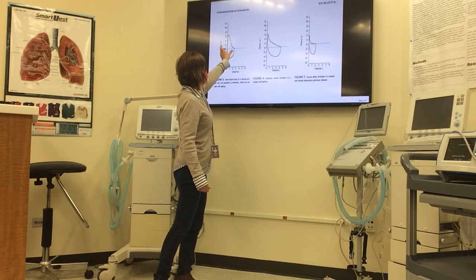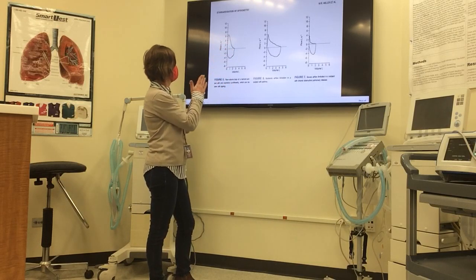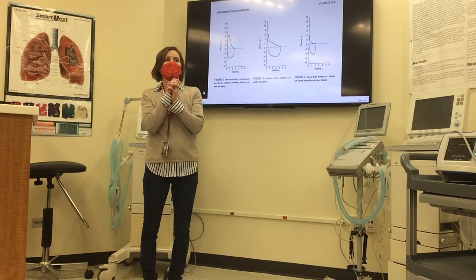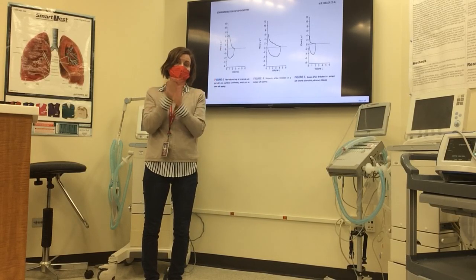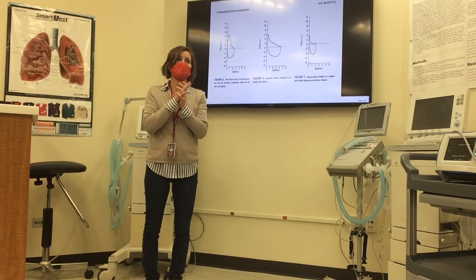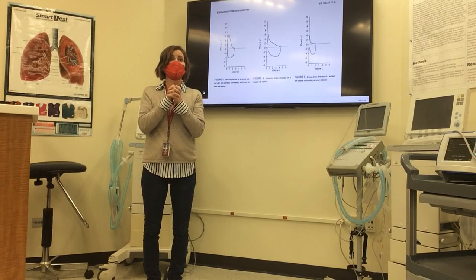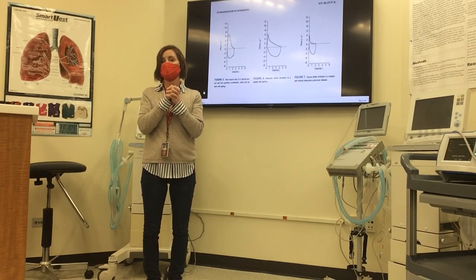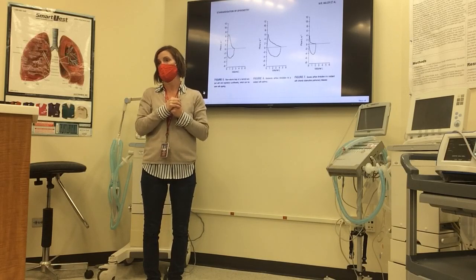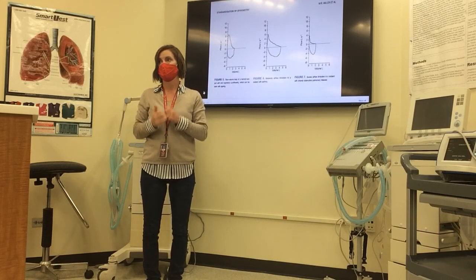This one is a little bit diminished, so this patient is a little bit older. And all of our lungs, anybody here over the age of 25? I hate to tell you, we're already starting to lose our function, okay? It peaks at 25, and then our lung function decreases.